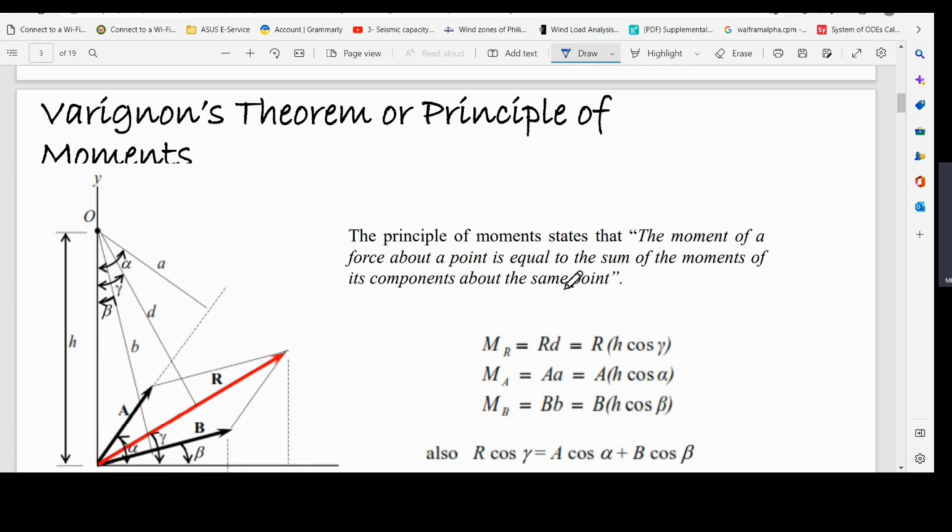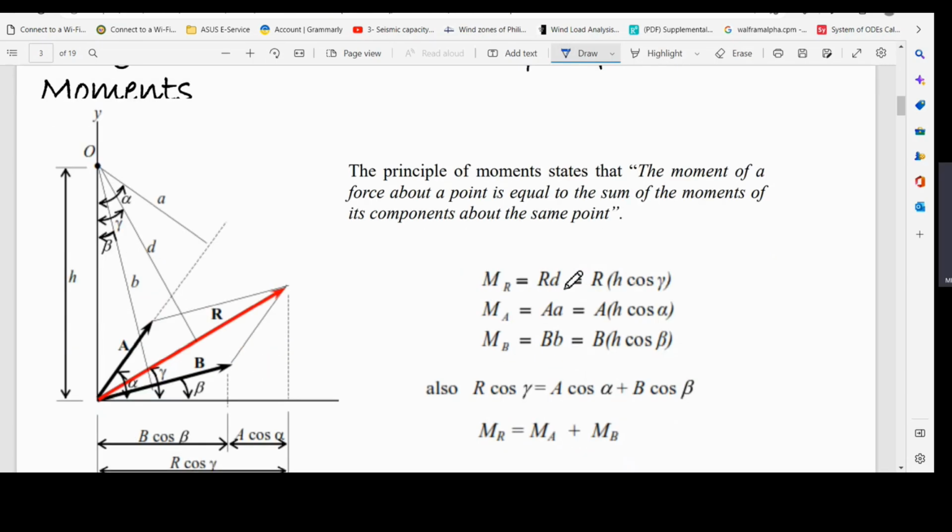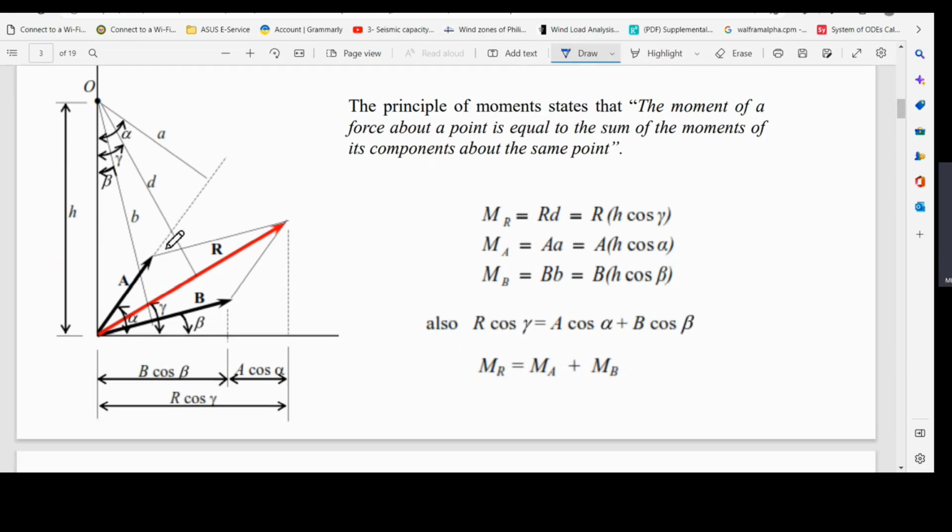So, let us proceed to this illustration. We have here an illustration of a resultant. This is our resultant R, and it has component A and component B. We said earlier that if we want to find the moment of a certain force, we get the distance that is perpendicular to that force.